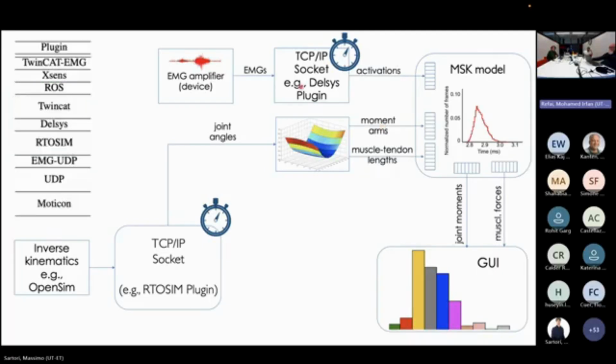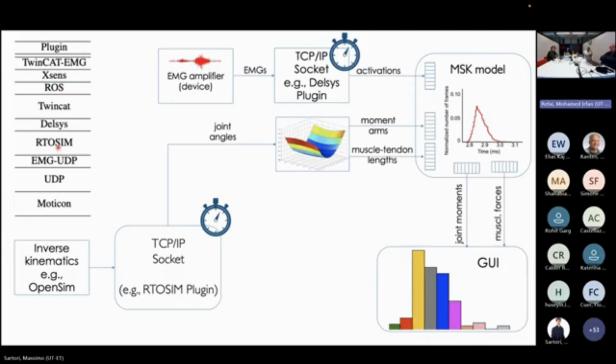In this table here, you can see the existing plugins, which are available open source. We already have plugins to communicate with a very common inertial measurement unit system. We have plugins to communicate with ROS, so if you want to run CEINMS on ROS, we already have a plugin for that. We have a plugin for Delsys, as I showed.